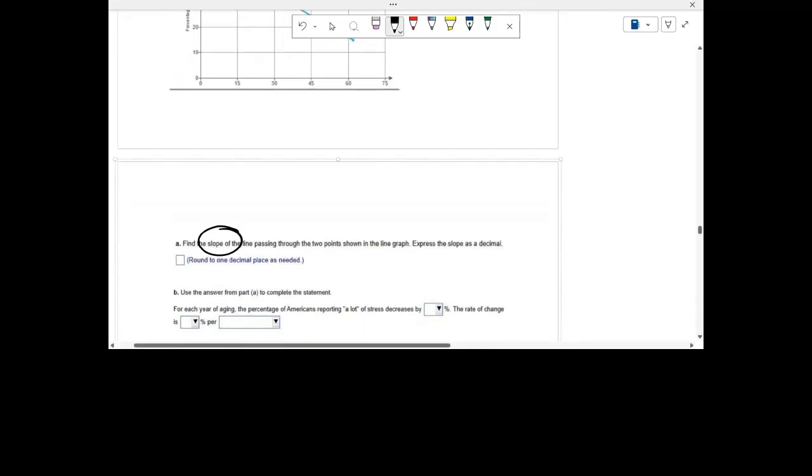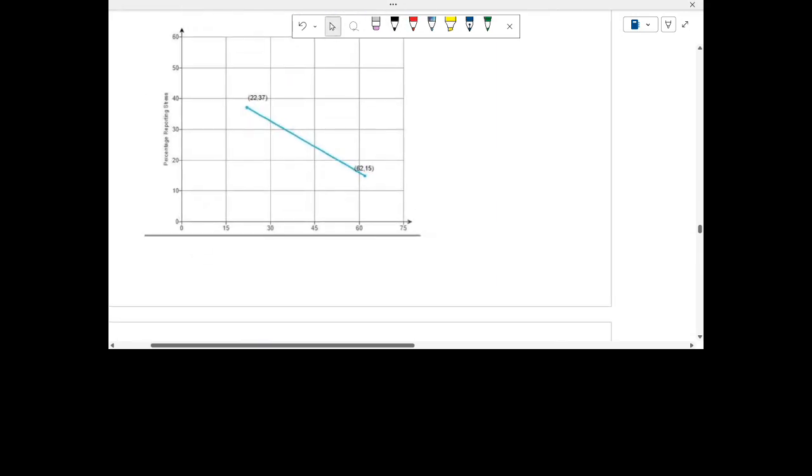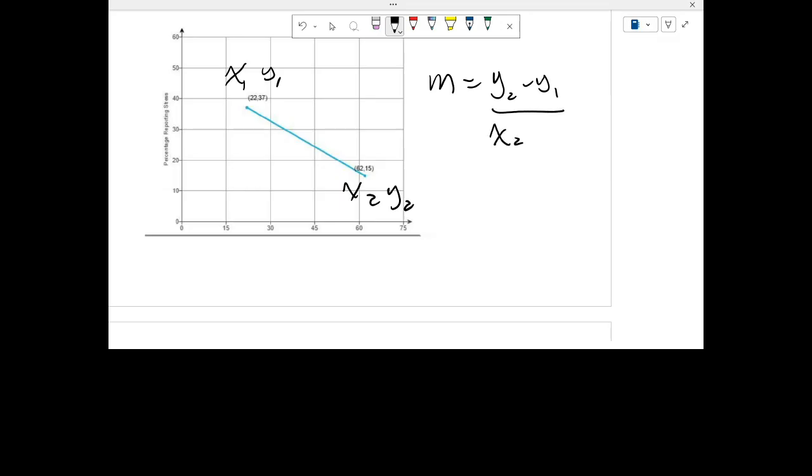Okay, let's take a look. Part A, can we find the slope of the line? Hey, y'all, look, boom. Here are my 2 points, right? Just like we did earlier. Look, y'all, I'm going to call this X1 and Y1. I'm going to call that X2 and Y2. And I'm first going to write down my formula. And let's see what we got. Okay.